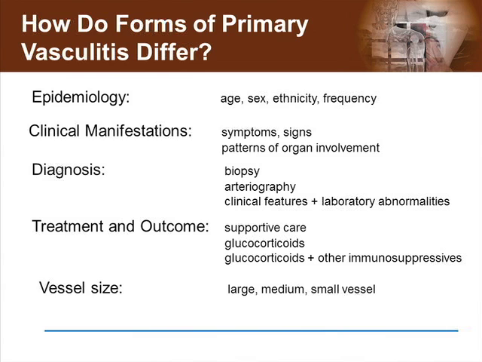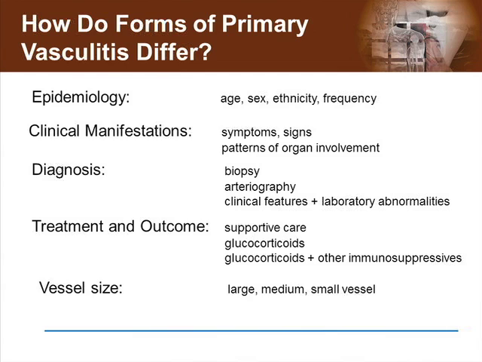This may in turn affect the methods of diagnosis, which can include biopsy, arteriography, or a combination of clinical features and laboratory abnormalities. And this in turn also influences the decisions regarding treatment and outcome that can range anywhere from forms of vasculitis that may be monitored with supportive care to forms where the immediate initiation of aggressive immunosuppression is critical in order to save organ and life.